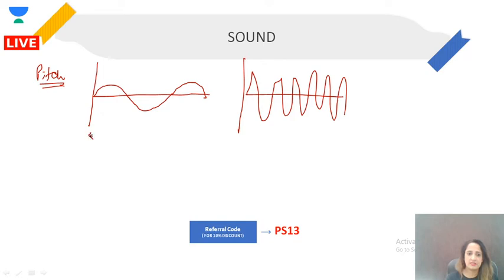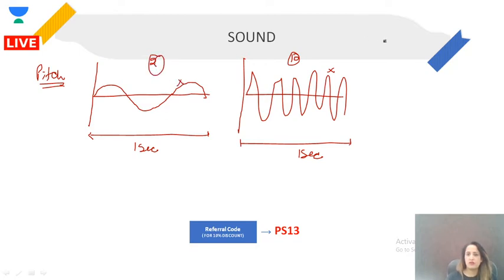Let's say this is a time of 1 second. This is also 1 second. In 1 second, it passes only 2 times. In 1 second, let's say it passes 10 times, though I'm not counting these numbers.